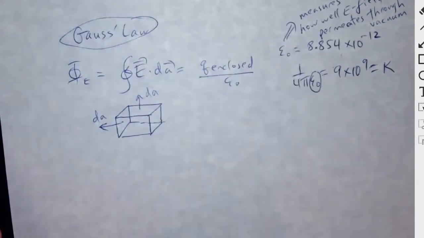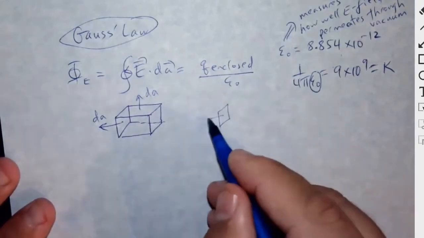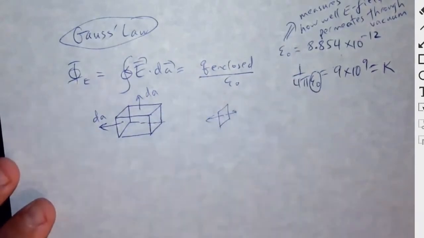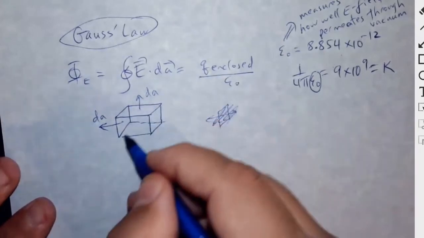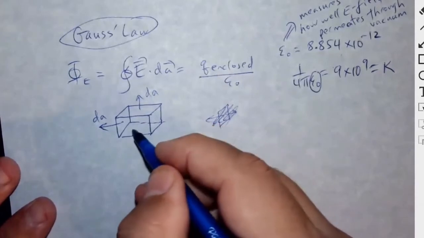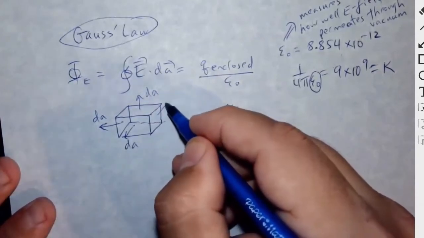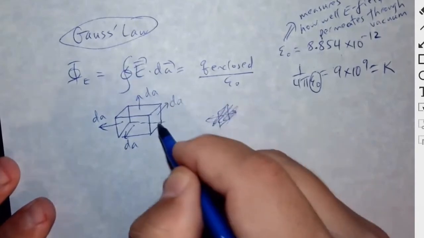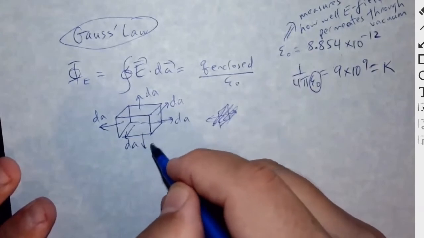With a two-dimensional surface, just like this, you don't know if the dA is this way or this way. Either one can work. But if it's three-dimensional, the dA always comes out of the surface. So on the side facing us, the dA is like this. On the back side, the dA is like that. On the right side, the dA is like that. And on the bottom, the dA is like that.